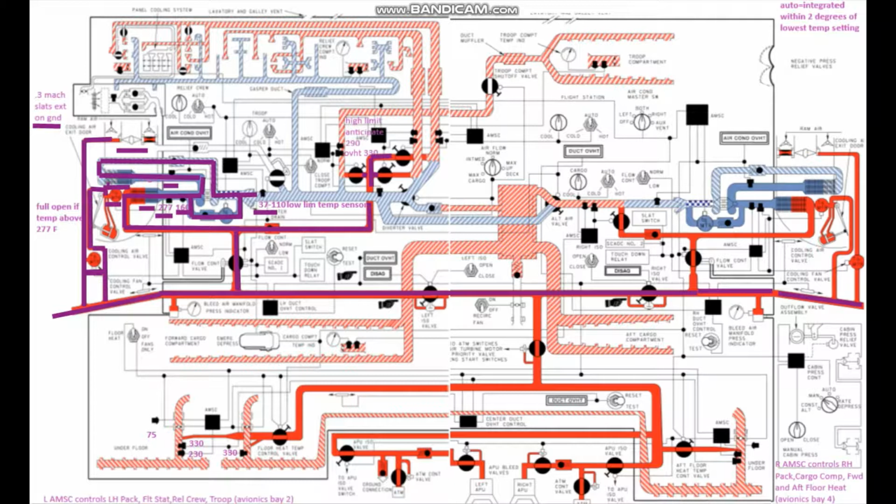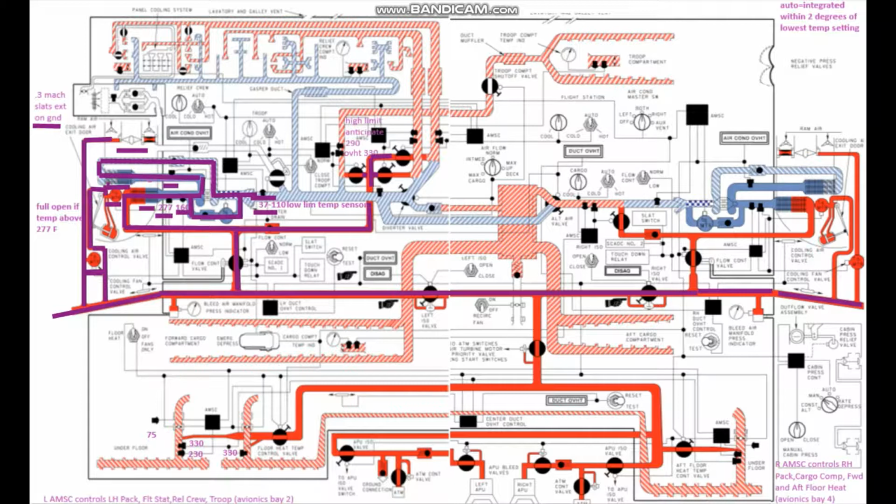That way the water separator sock does not freeze up. It just separates the moisture and then vents the water overboard. In case I didn't mention it, that's this sensor right down here that sends the signal to the AMSC to try to keep it at that 37 degrees.